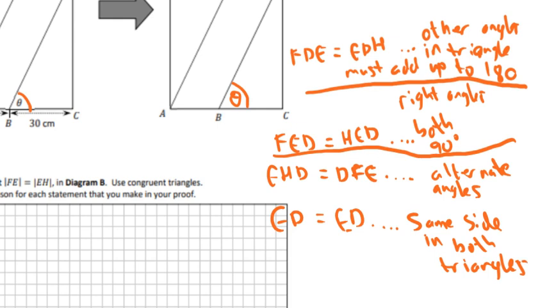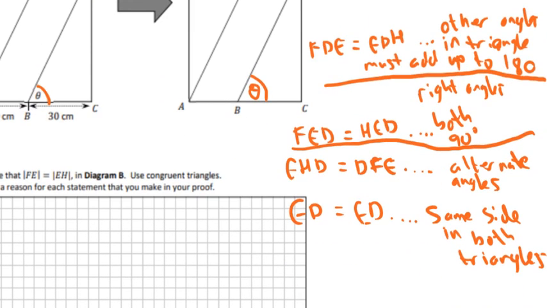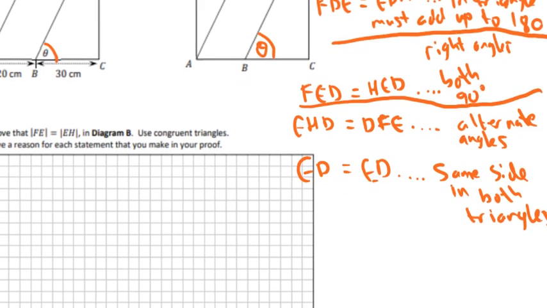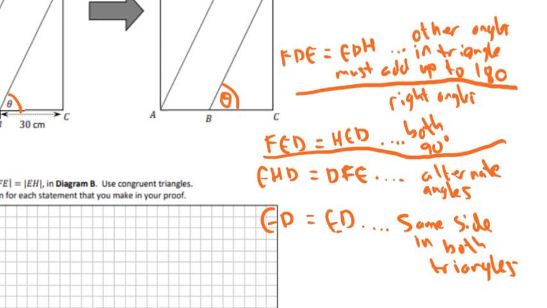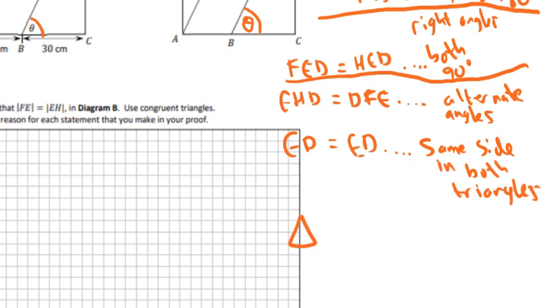So something like that. And then we can say that both triangles, FED and EDH, are congruent to each other.